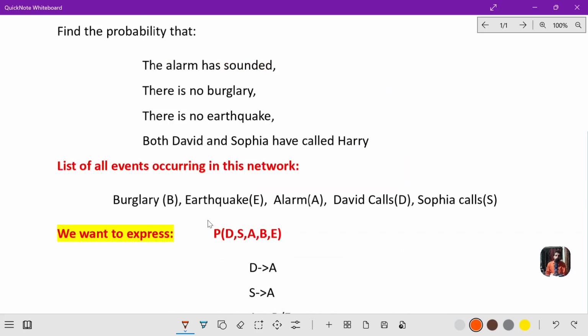Here you observe the alarm has sounded, but as mentioned above, we have taken no burglary, no theft, and no earthquake. Even with no earthquake or no theft, we are going to find the probability that David and Sophia will call Mr. Harry.